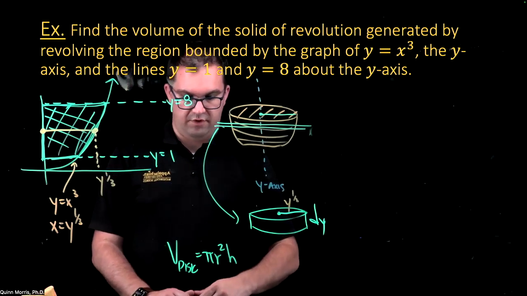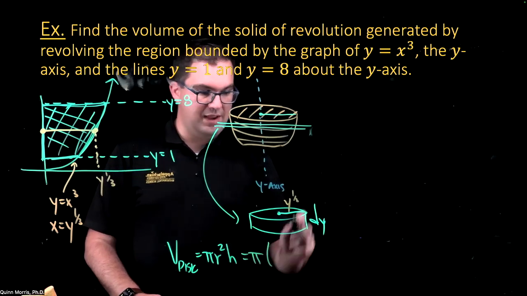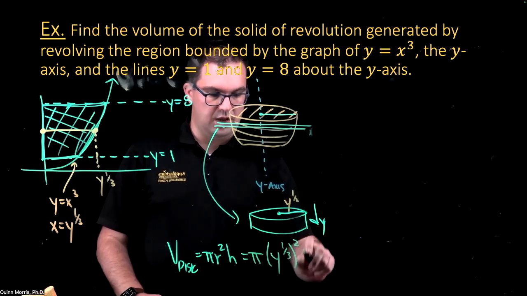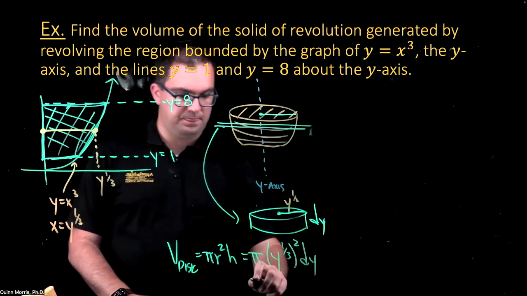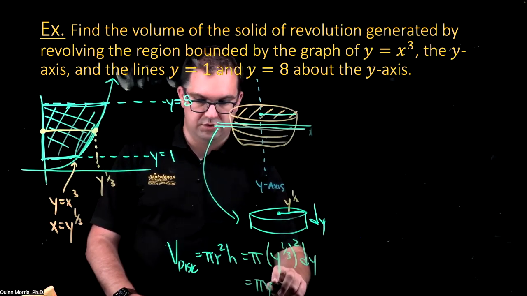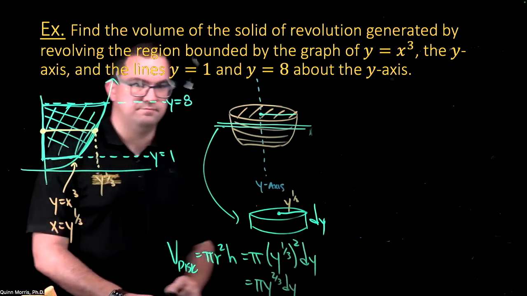So the volume of my disk then ought to be pi times my radius, which is y to the 1/3 squared, times the height, which is dy. Simplifying a bit, I get this as pi y to the 2/3 dy.